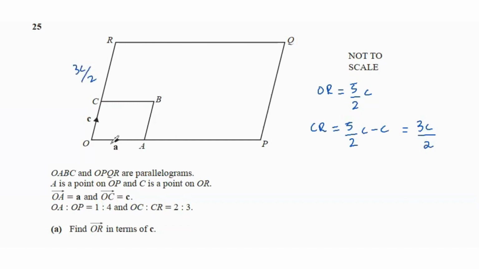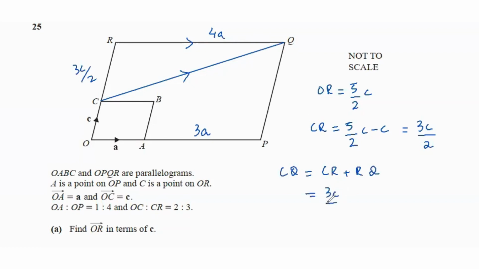If this is OA and OP is given as 4, that means it's going to be 3A. And this total, since these are parallel, that's going to be 4A as well. And we're trying to find CQ. So CQ is going to be CR plus RQ, which is going to be 3C/2 plus 4A.